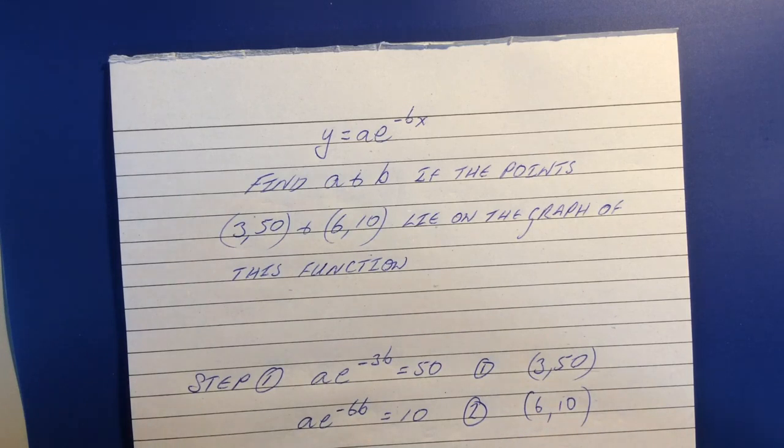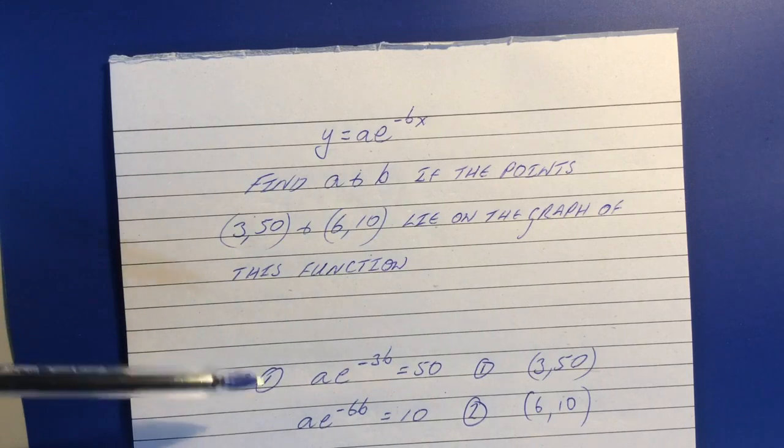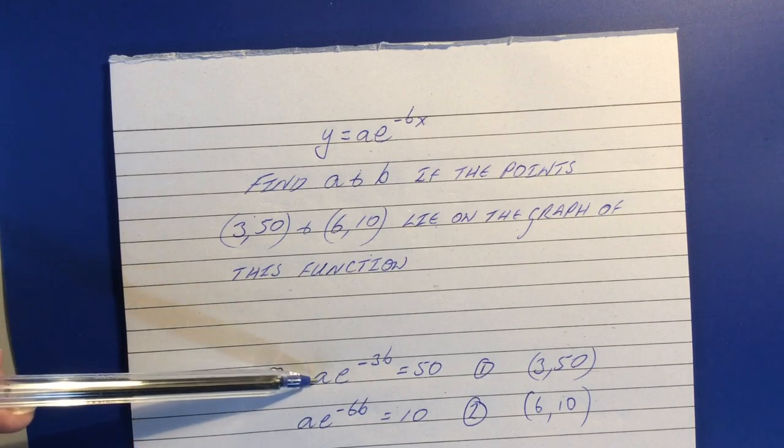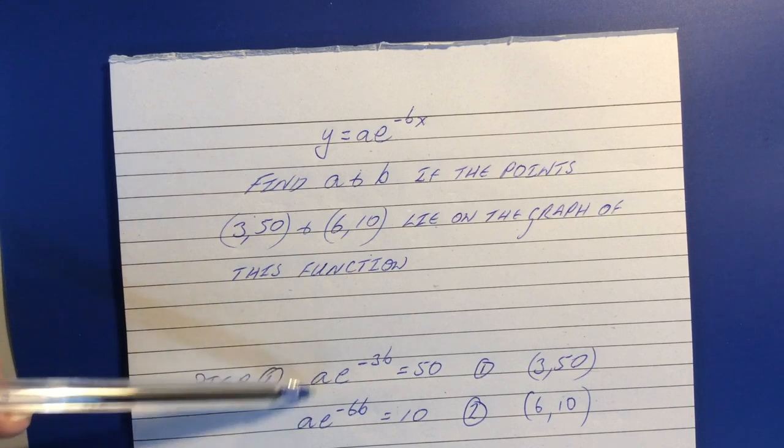Now, the normal process when you are doing something like this with a quadratic or a cubic or whatever, a non-log problem, is that you would subtract one from the other. That's not going to work here, because just looking at this, what we want to eliminate is a.